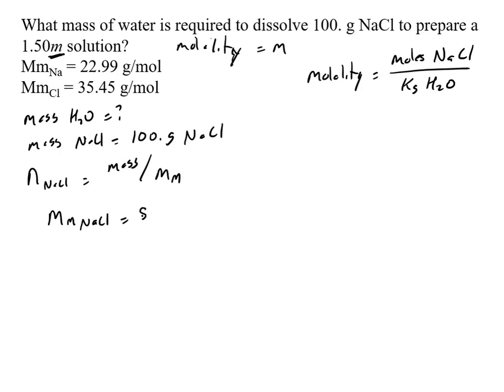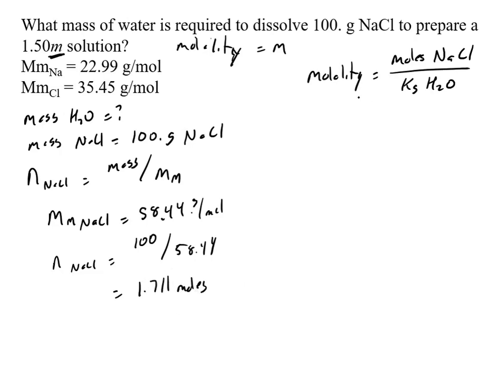And when I do that, I get 58.44 grams per mole. So my n of NaCl is the mass that was given, which is 100, divided by 58.44, and that gives me 1.711 moles.